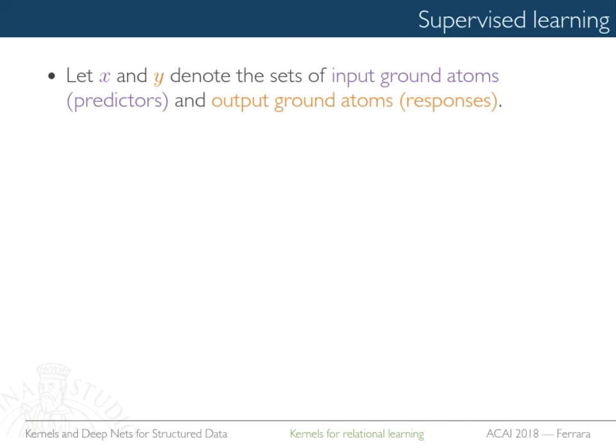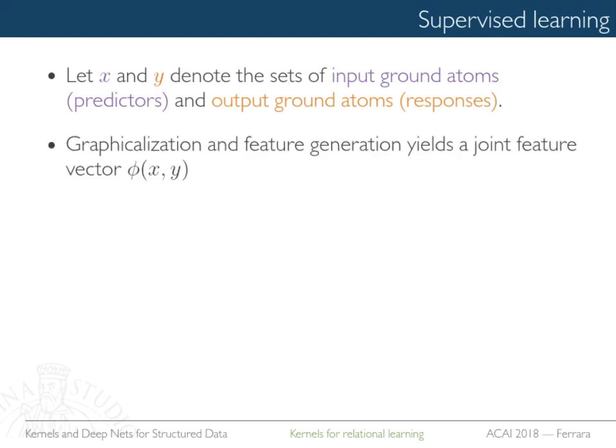You want to predict who is the advisor of whom. So advised by will be in Y. Once you have it, you can do this graphicalization procedure. You convert your data set into a graph, you generate the features, and you get a feature vector of X and Y. Fairly simple.